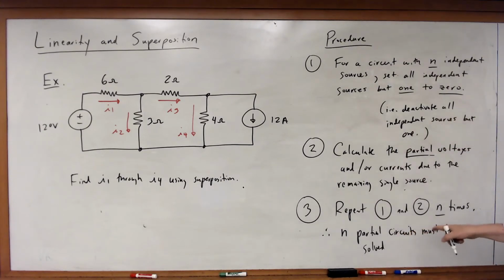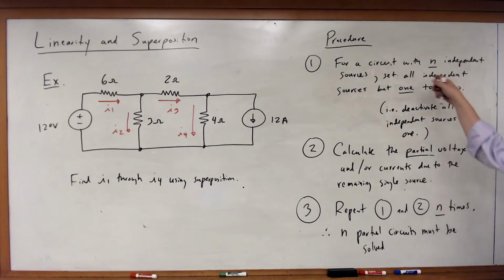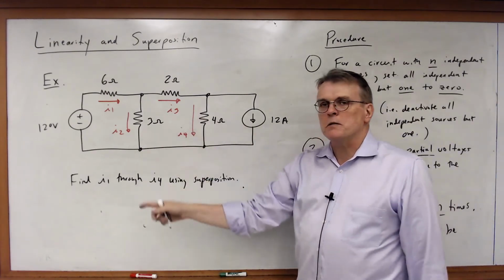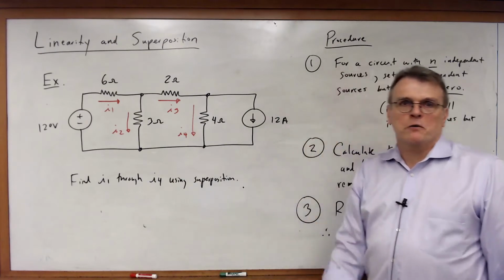So I have to solve n partial circuits given n independent sources. In this case, I have 2 independent sources, so I'll need to solve 2 partial circuits.